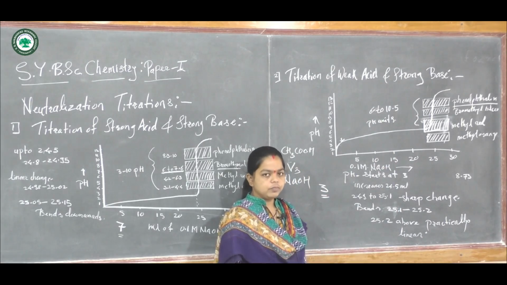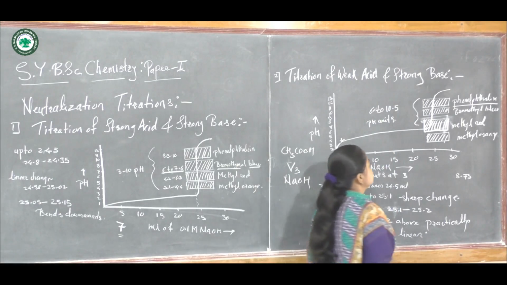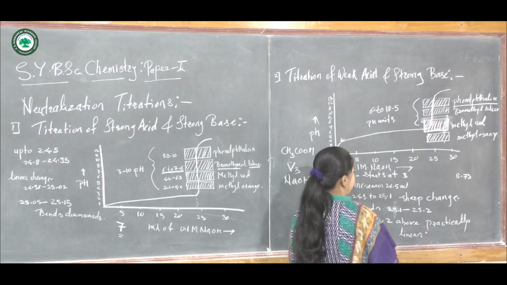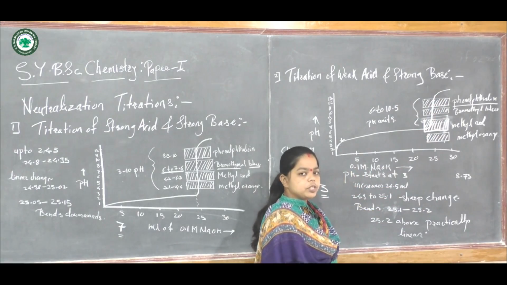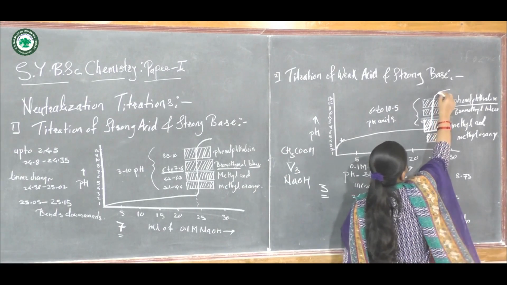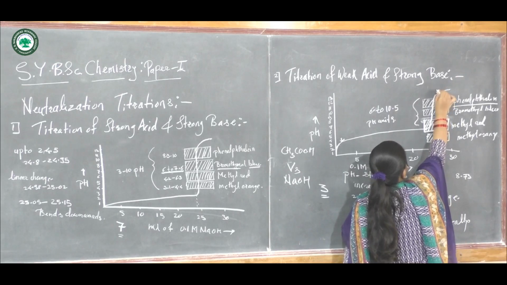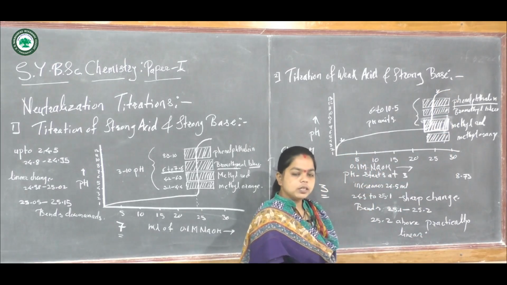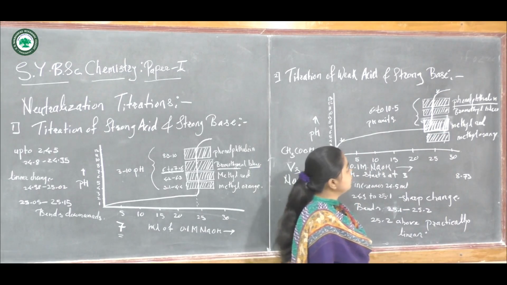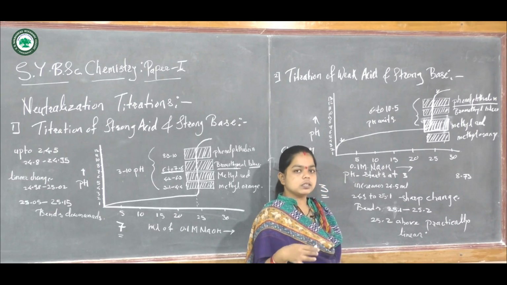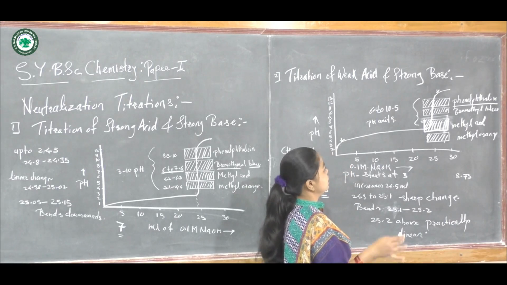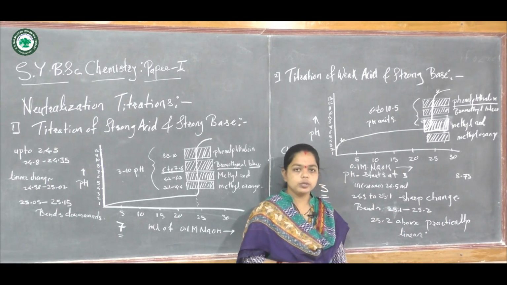Now it is different from the previous graph. So up to this value, nearly 25.1, there is a sharp change observed. After 25.1 to 25.2, there is a slight bend in the graph, and above 25.2 the graph is linear, and it is not useful practically.